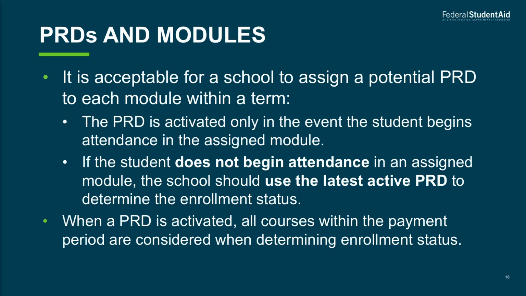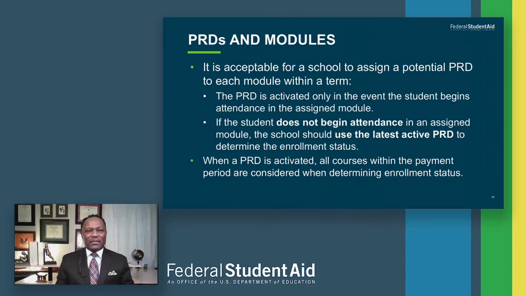Subsequently, if the student does not begin attendance in a PRD assigned module, the school must use the latest active PRD to determine enrollment status for Pell purposes. Also noted here in the final bullet is that when a PRD is activated, all courses within the payment period are considered when determining the enrollment status. We will give you some examples next to show you how this works.